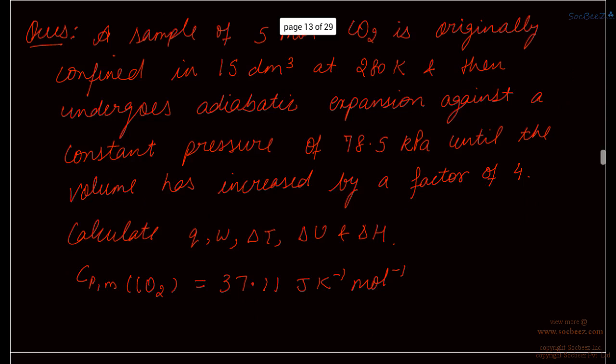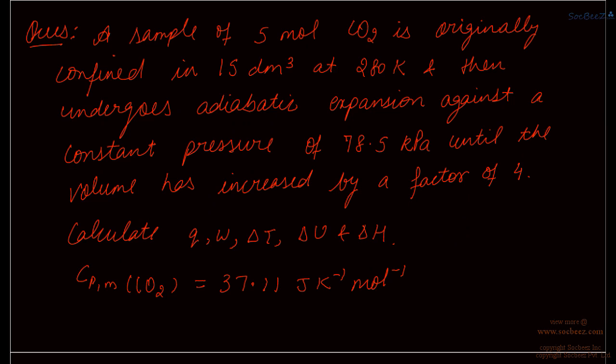Let's discuss another problem. The problem says that a sample of 5 mole CO2 is originally confined in 15 decimeter cube, that is 15 liter, at 280 Kelvin, and then undergoes adiabatic expansion against a constant pressure of 78.5 kilopascal until the volume has increased by a factor of 4.